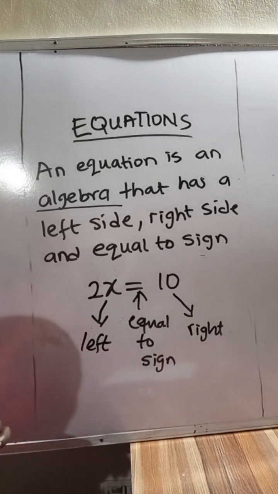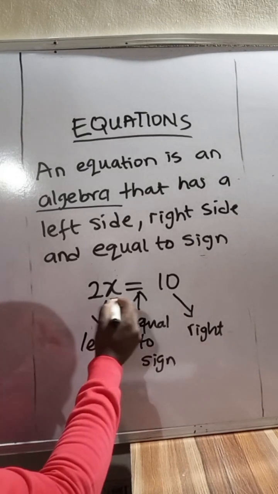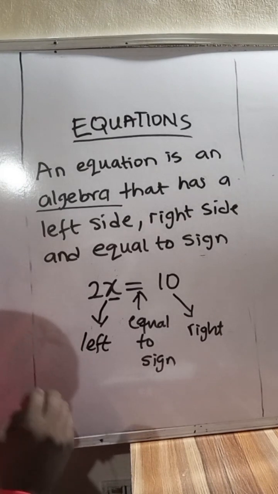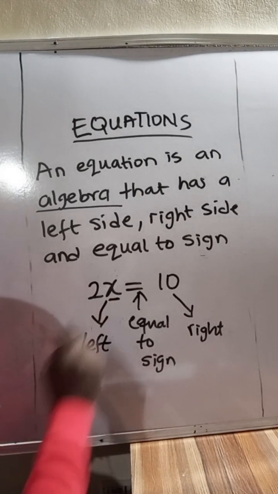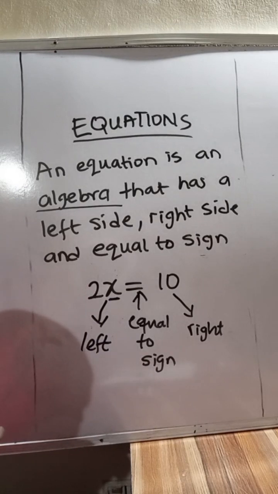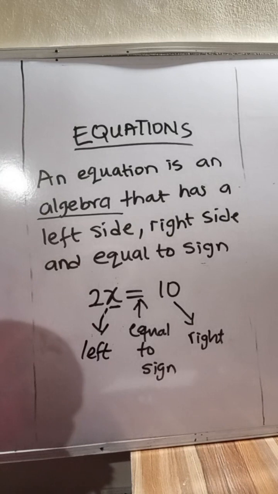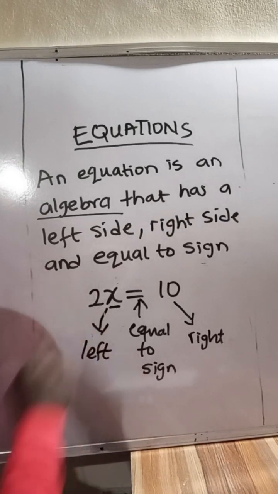Now, this alphabet you have in the equation is actually a number. The only difference is the alphabet X, for example, is a number that we do not know yet. So X is a number, but we do not know what that number is yet. So solving an equation means finding the value of that unknown number.